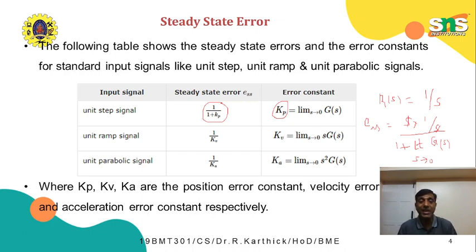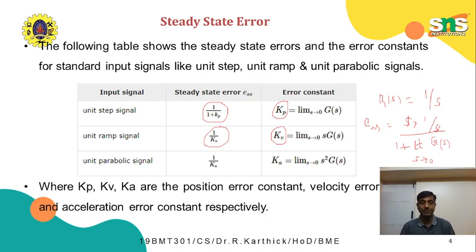Similarly, when the input is a unit ramp input, the error constant is called the velocity error constant, and it is given by limit s tends to 0 of s into G(s). When you substitute this for a ramp input, which is 1 divided by s squared, we get the steady state error as 1 divided by Kv, where Kv is the velocity error constant.